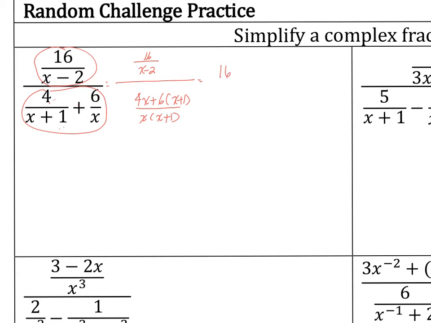And I'm going to rewrite this as 16 over x minus 2 times, and we take the reciprocal, okay, it's divide, and so it's going to be x times x plus 1. I'm already taking the reciprocal, I skip some steps, okay. 4x, I'm going to distribute this in, 4x plus 6x plus 6.